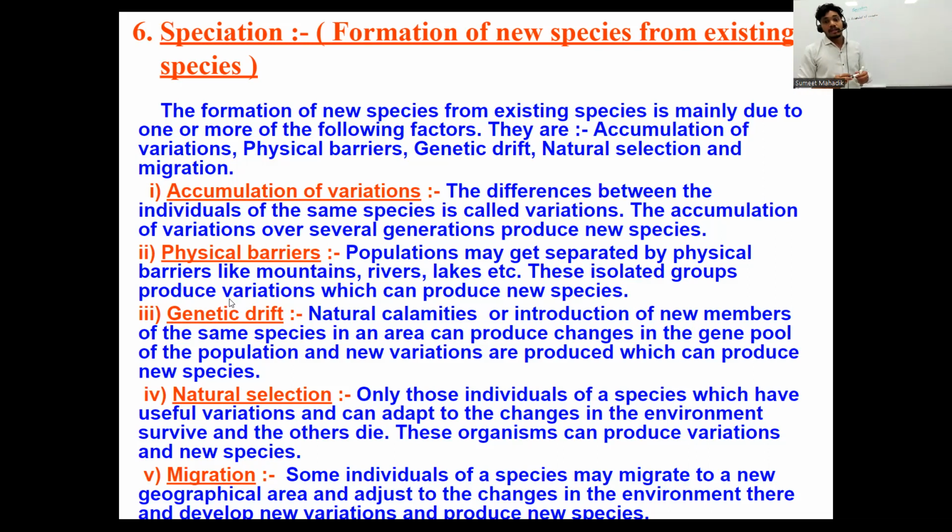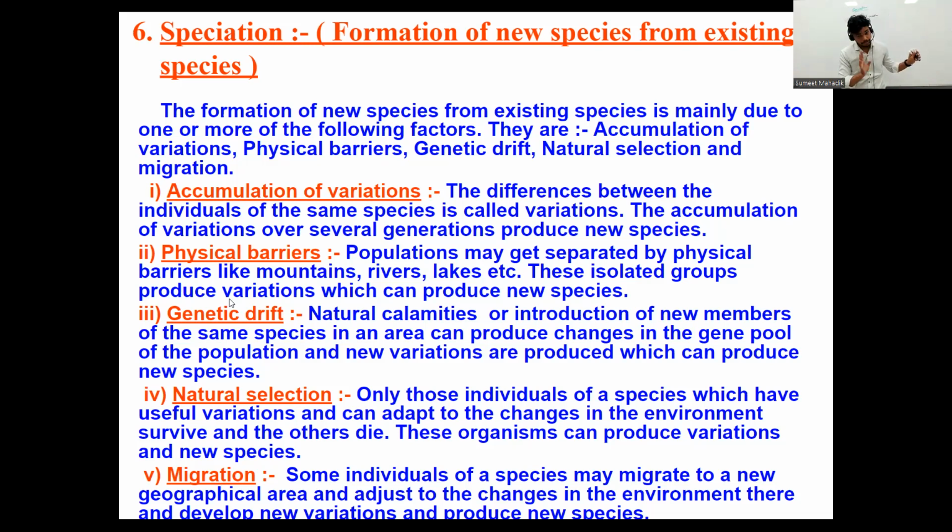The difference between individuals of the same species is called variation. We have talked about that, right? Yes or no? The differences between individuals of the same species are called variation. Accumulation of variation over several generations. What is variation? If individuals of the same species have some different character, that's called variation.